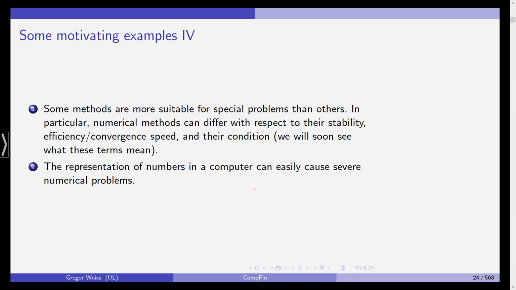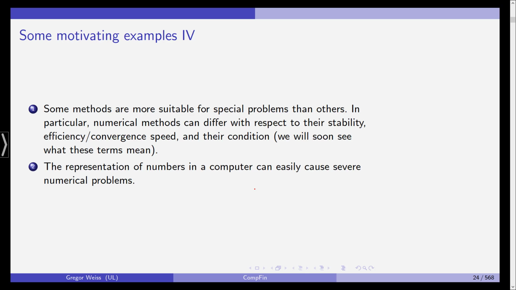Okay. Now, as we will see, some methods are more suitable for special problems than others. In some cases, you have two algorithms at your disposal, and one is maybe faster. The other one gives you a better solution, and you have a trade-off between computational complexity and speed.